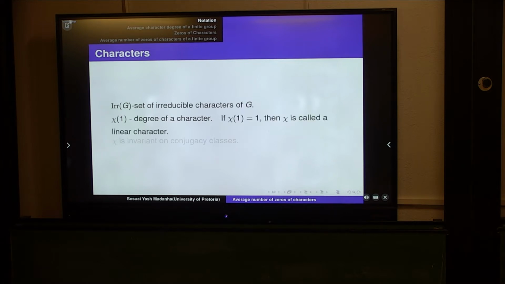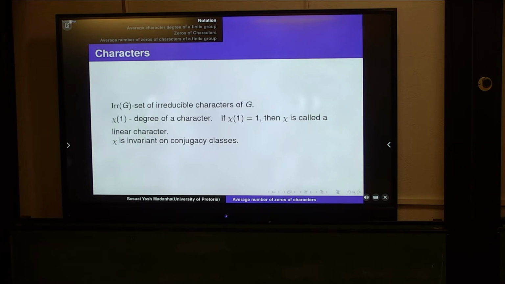If that value is equal to 1, then the character is called a linear character. Chi is always invariant on conjugacy classes, so when you create the character table, you'll see that for each conjugacy class, there's only one value of a character.